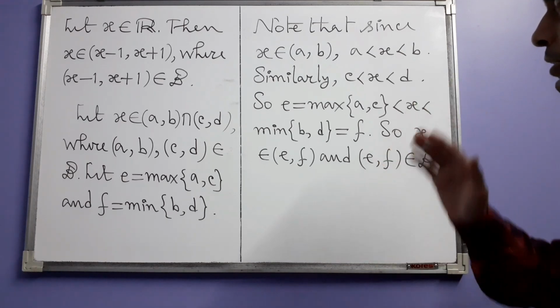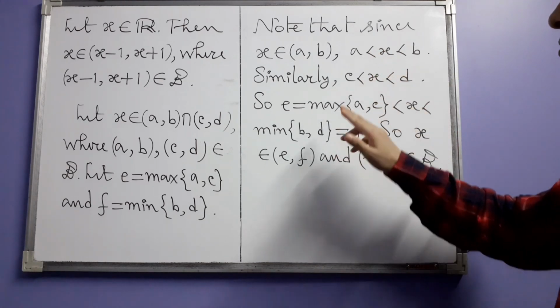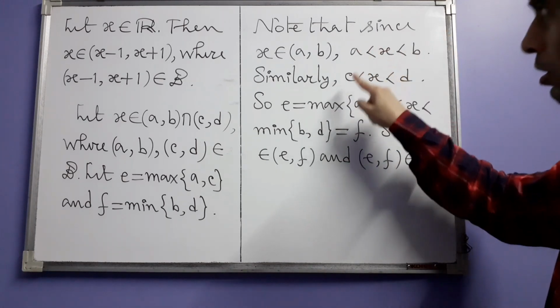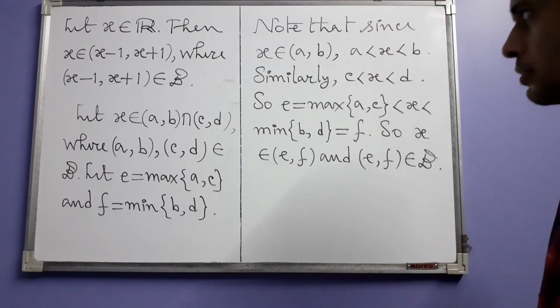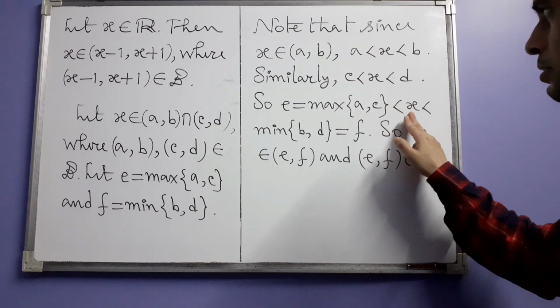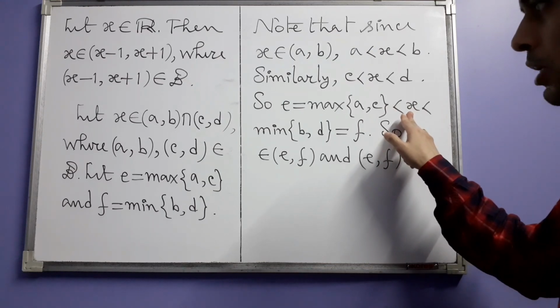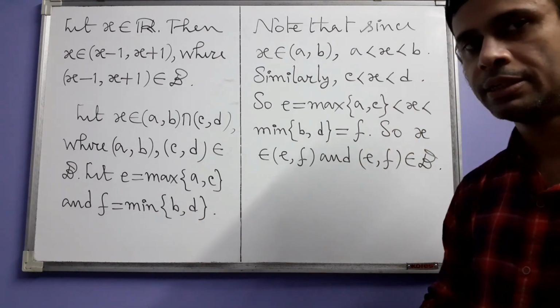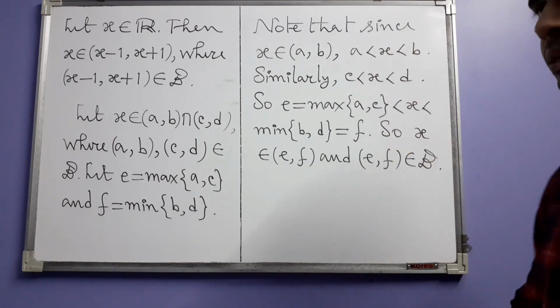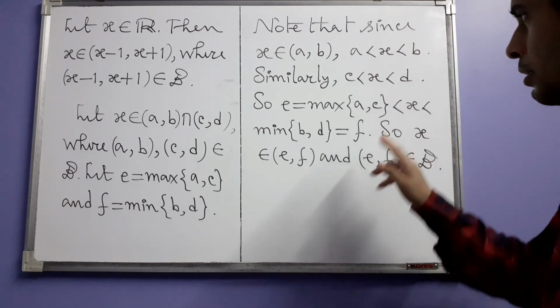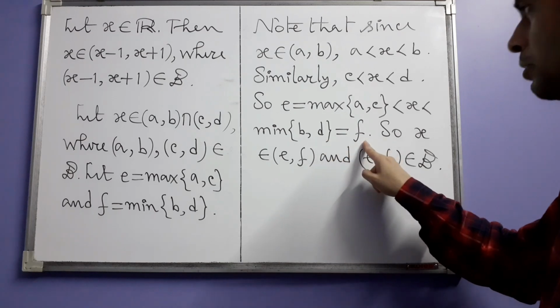Now no matter what the situation is, whether e is a or c, in both the cases it is less than x. So that means the maximum is less than x. Similarly, the minimum of b and d is either b or d, and in both the cases x is less than the numbers, and that's why x is less than the minimum f.